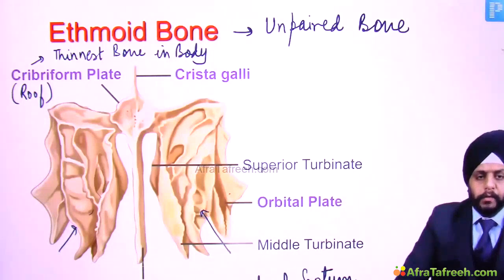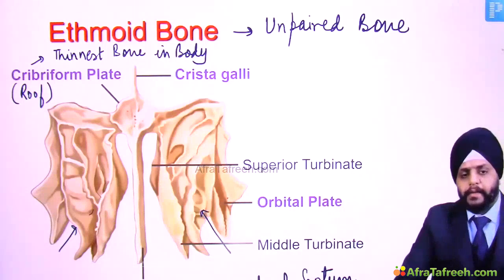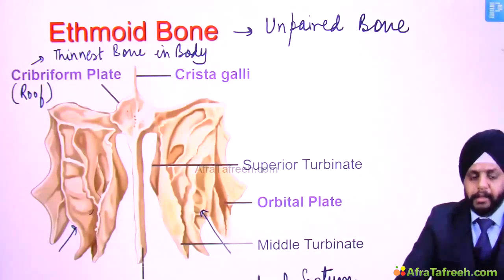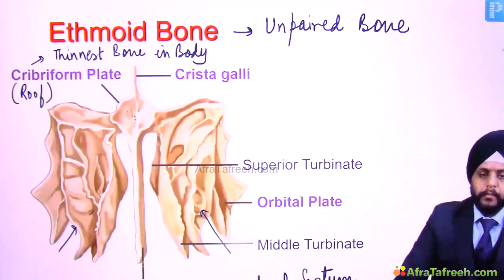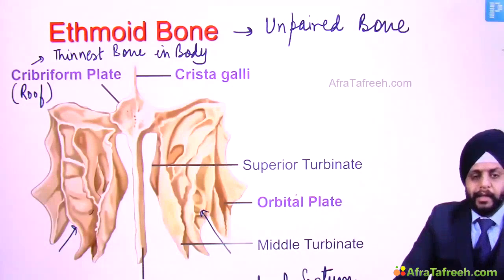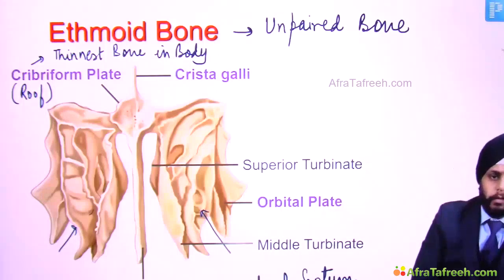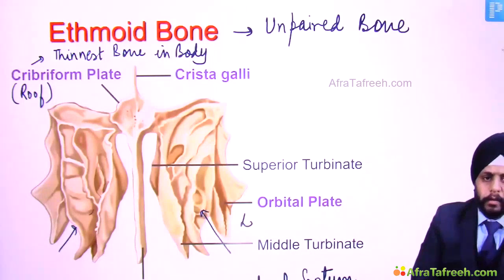That's known as the orbital plate, and this is a very thin plate. This is the thinnest wall of the orbit. It is paper thin, therefore it is also known as lamina papyracea.